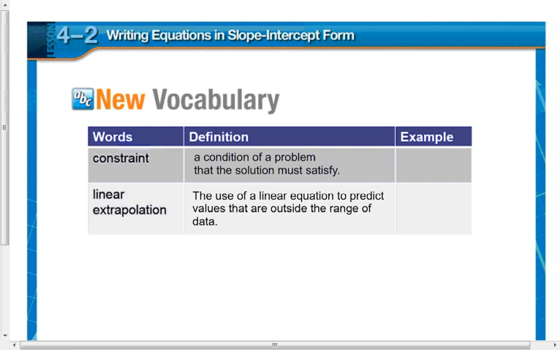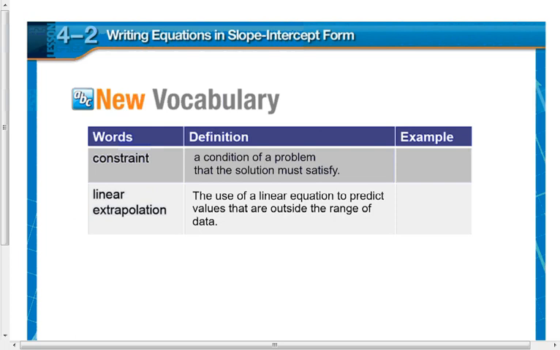At any point, if you need to pause this so that you can stop it and write as slow or as fast as you want to, that's fine, okay? So here are our vocabulary words. Constraint, a condition of a problem that the solution must satisfy, okay?